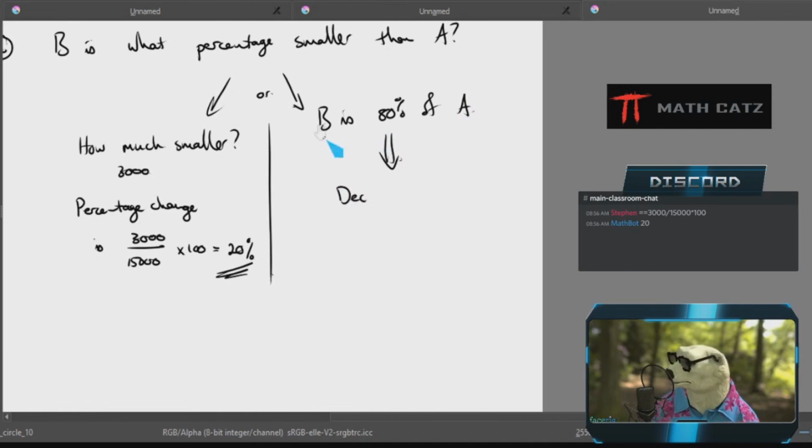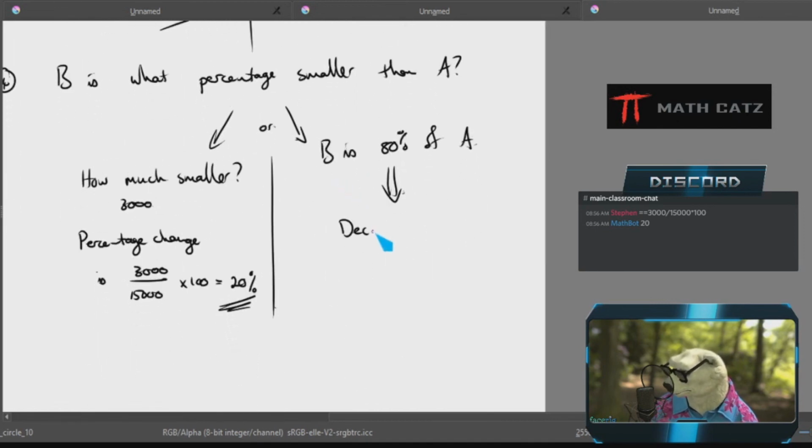Did I say decrease up here? No, it's all good. It's a decrease of, or by, or whatever, 20%. Because from the base 100 I went down by 20%, so it's a 20% change. So in either case, I get the same result, of course.